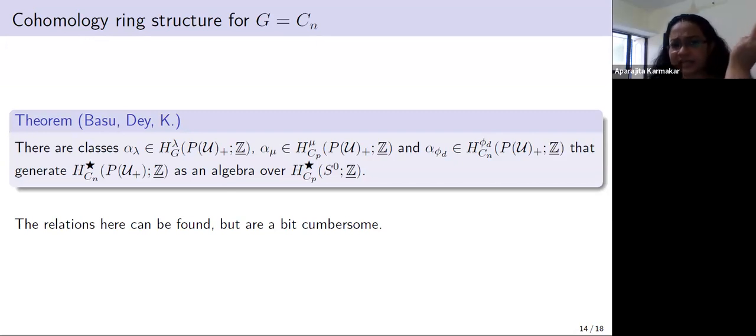So we have three kinds of elements. At the lambda degree, we have alpha lambda, at mu degree alpha mu, and at phi degree alpha phi d, that generate the cohomology of PU plus as an algebra over cohomology of S naught. The relations here can be found amongst alpha lambda, alpha mu, and alpha phi d, but they are a bit cumbersome, so I haven't put them here.